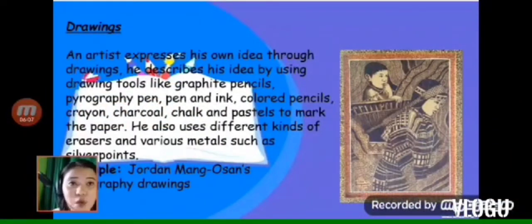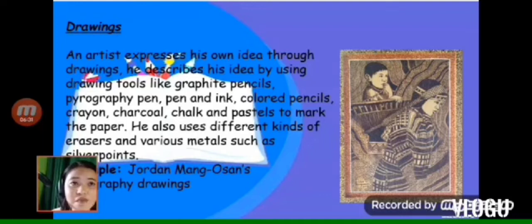Next is drawings. An artist expresses his own idea through drawings. So, who among you knows how to draw? Okay. Most of you sometimes like to draw cartoon characters that you watch from different cartoon networks.